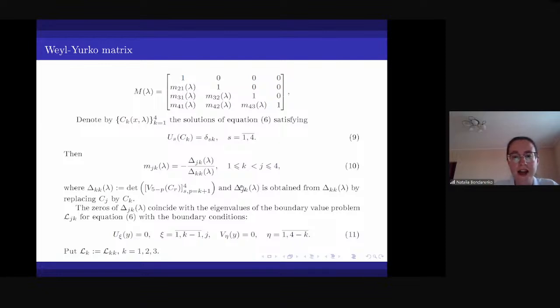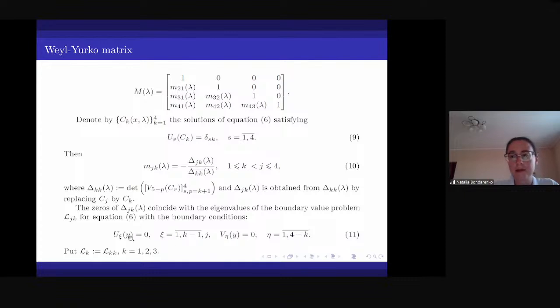So these functions are entire in lambda, and the elements of the Weyl-Yurko matrix are meromorphic functions. Also it can be easily shown that the zeros of delta_gk coincide with the eigenvalues of some boundary value problems, L_gk, for equation 6, with the following boundary conditions.